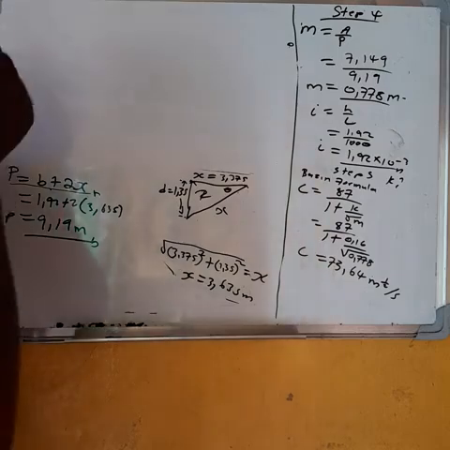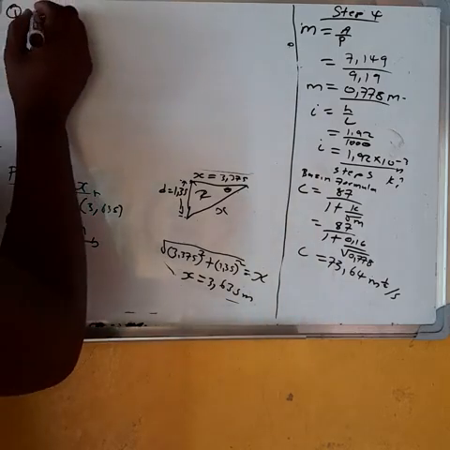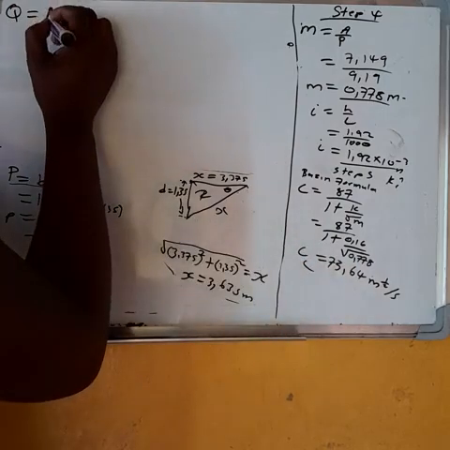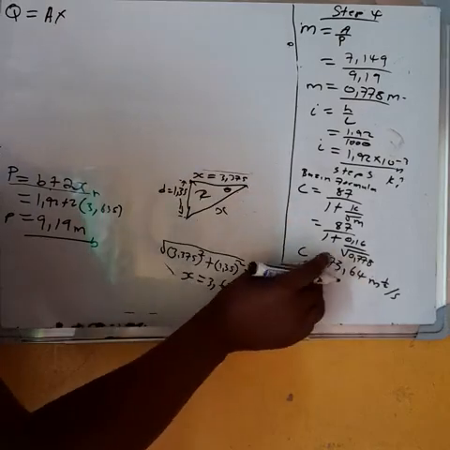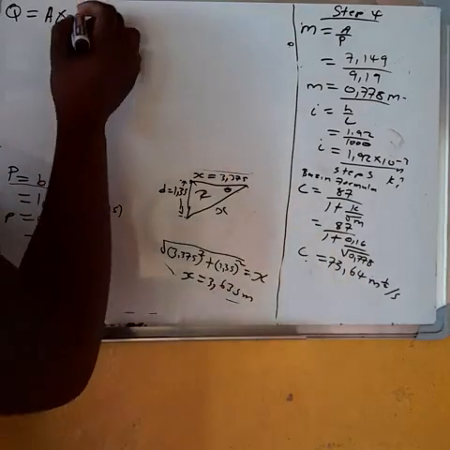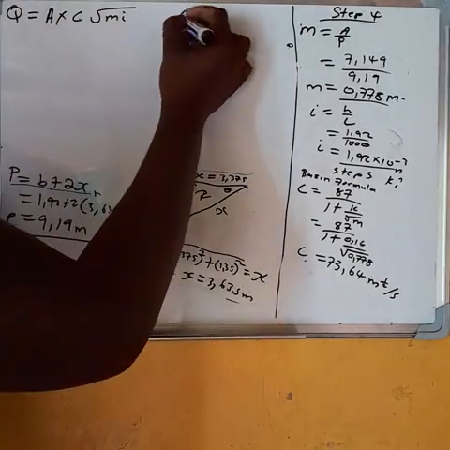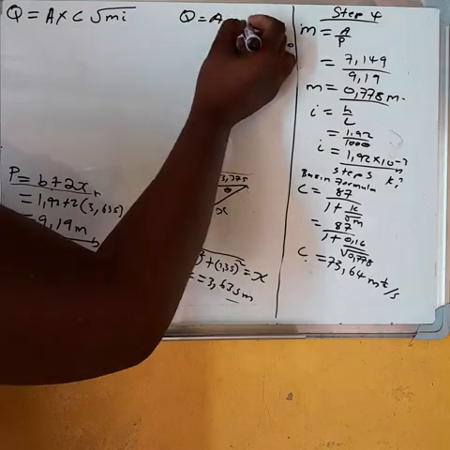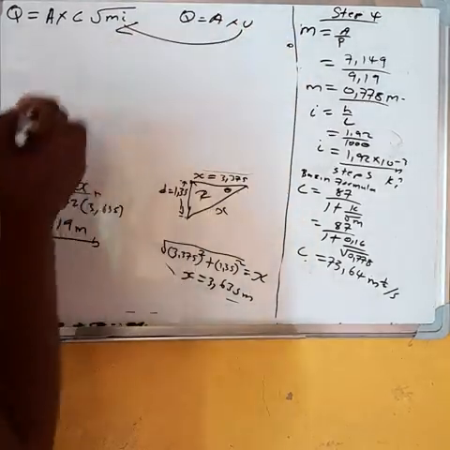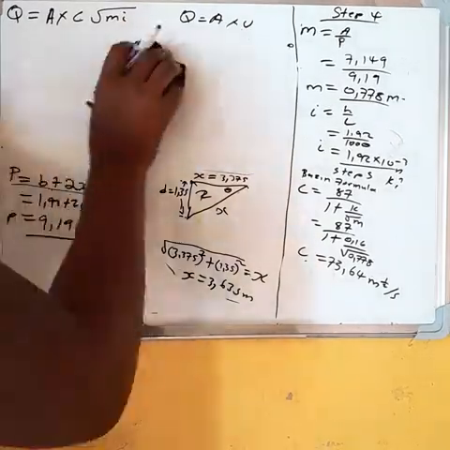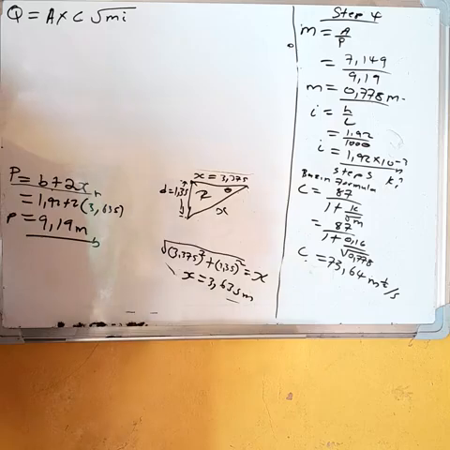We know that Q is equal to, since we have this C, the formula we use must be area multiplied by velocity. We must use this C. You cannot just calculate this C for fun. You must use this formula that has C, our velocity.